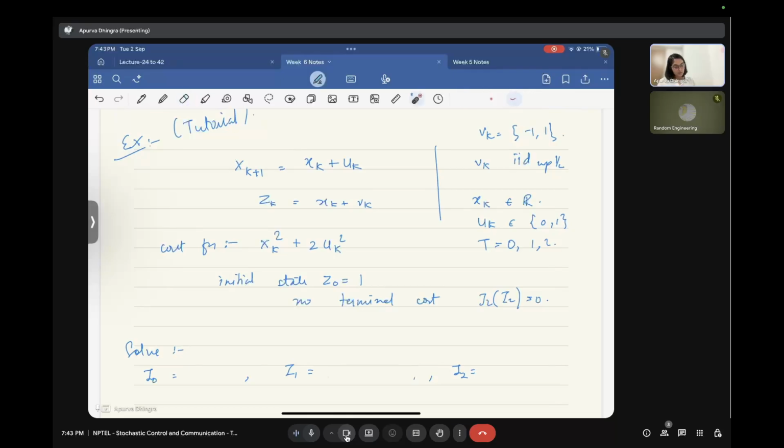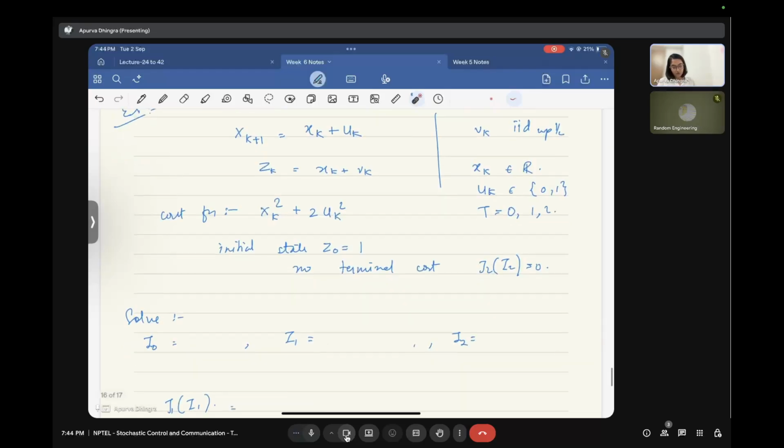What else? The action is 0 or 1. Xk can be any real number. Well, if I'm giving you Z0, the values are sort of defined, but that's still a part of real numbers, so let's not worry about it too much. So let's start.